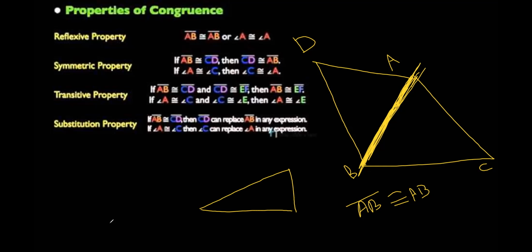Okay, here we have an angle A. This angle A is an angle in the small triangle, and angle A is also an angle in the big triangle, and both of them are equal, so both of them are congruent because of the reflexive property. Okay?